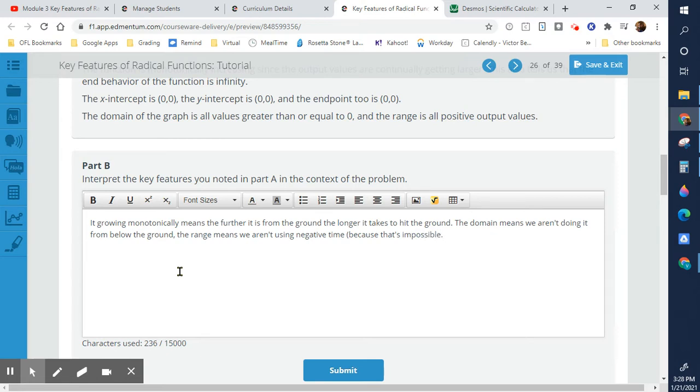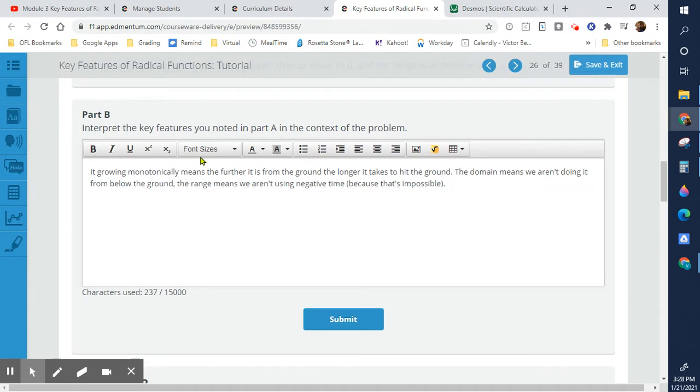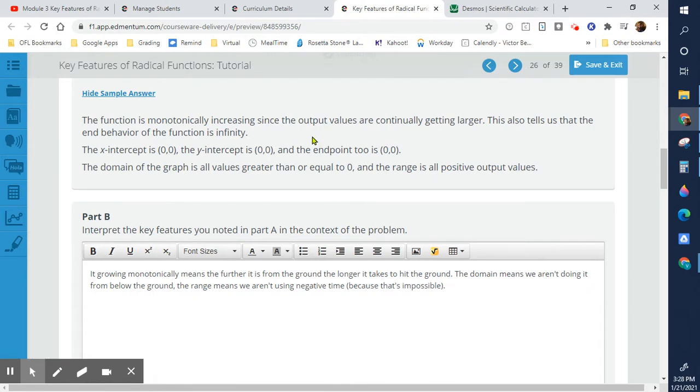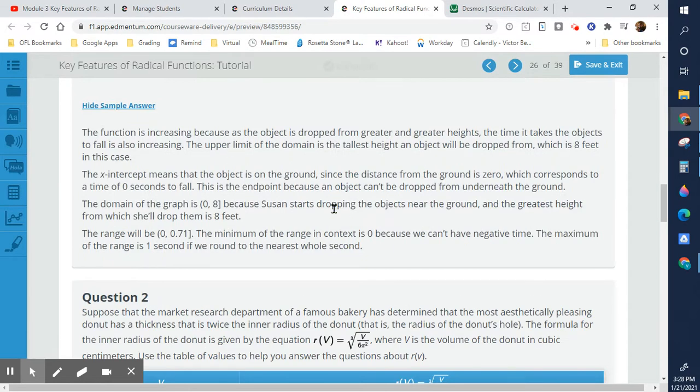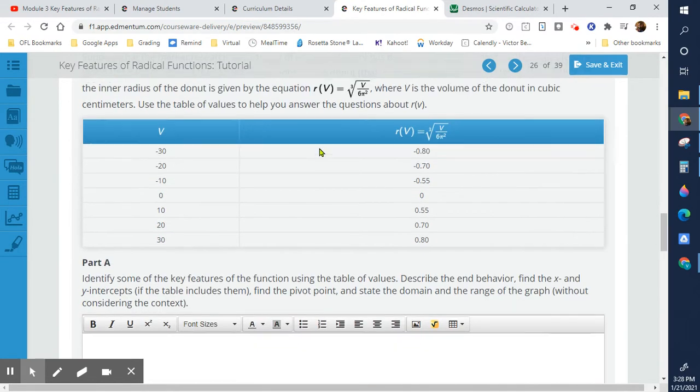Kind of saying it to both, but more talking about that negative time thing. We don't rewind time, but it can be interpreted both ways. And that's pretty much it. We can talk about it going to infinity, but we're really not going to do that because we're not talking about that much.